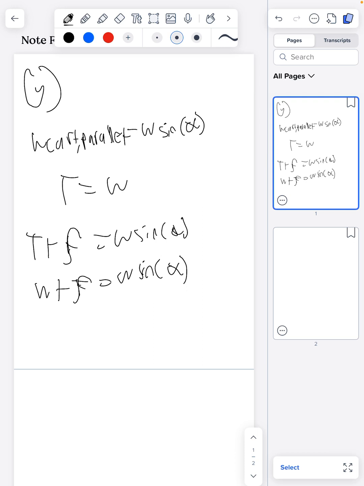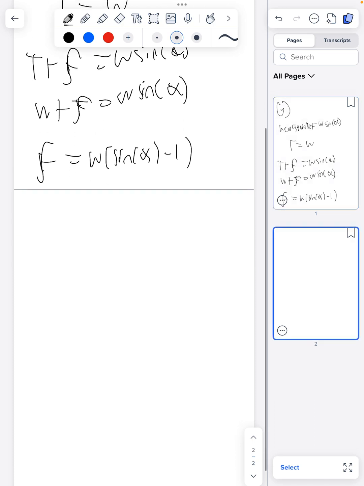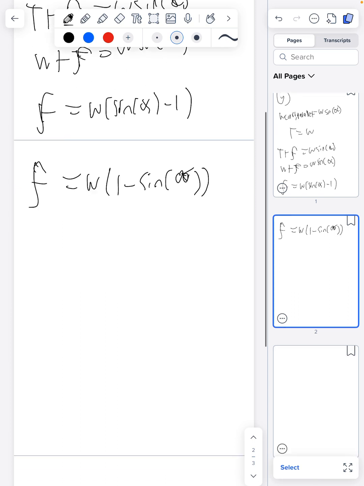Then we're solving for F, so F equals W sine of angle minus 1, so that would be F equals W times 1 minus sine, something like that. And that would be your answer, because this ensures that the friction is a positive force.